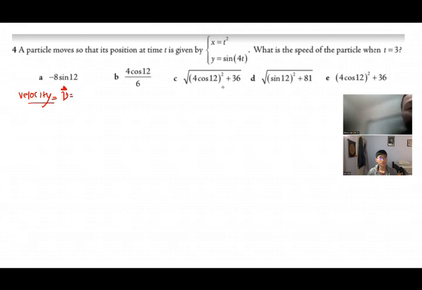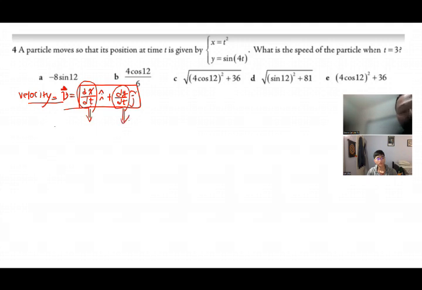This velocity is expressed as dx over dt i plus dy over dt j. So normally the velocity of an object moving in 2 or 3 dimensional space consists of 2 or 3 components, in the x, y, z directions.